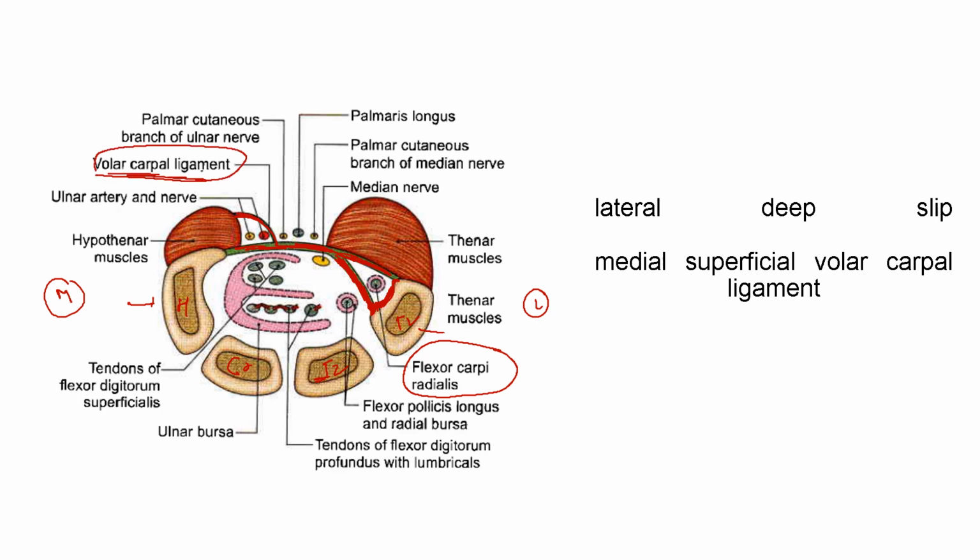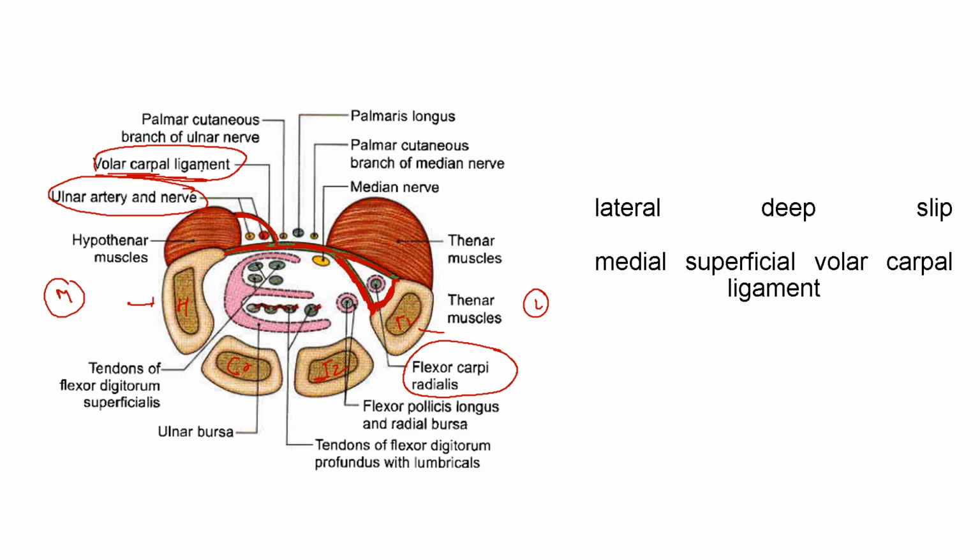In between the flexor retinaculum and the volar carpal ligament, there is passage of the ulnar artery and the ulnar nerve. So the ulnar nerve and ulnar artery pass underneath the volar carpal ligament, while the tendon of flexor carpi radialis passes on the lateral side.